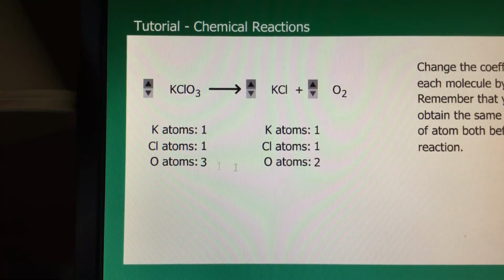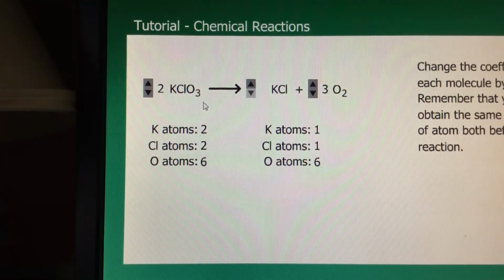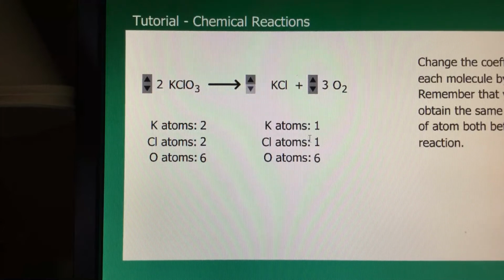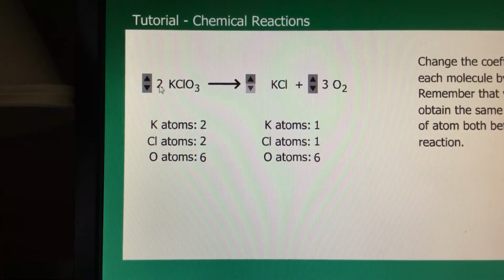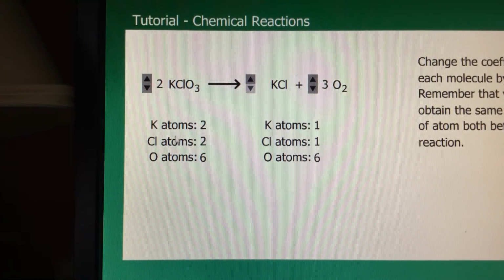So we're going to take the 3 as a coefficient in front of this oxygen. And we're going to take the 2 that was there as a coefficient in front of this potassium chlorate. So now we have 6 oxygen atoms, but because we put a 2 in front of this potassium chlorate, we now have 2 chlorine on this side, but we only have 1 chlorine on this side.